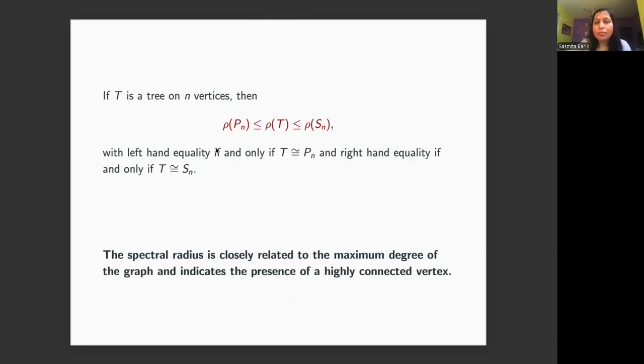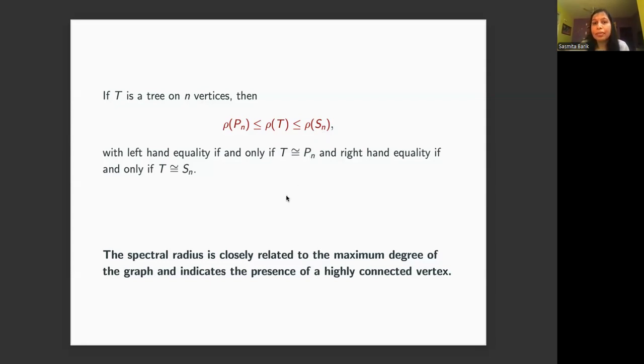Similarly, as I said, the spectral radius is much more connected to the connectivity of the graph. Observe that in the case of trees, the spectral radius is the minimum when it's a path and the maximum when it's a star. Any tree in between has a spectral radius between that of Pn and Sn, and these inequalities are equalities only in those cases. So Pn has the least spectral radius and Sn has the largest.